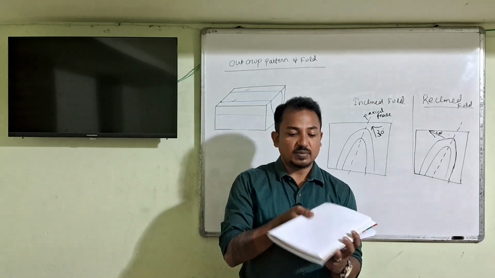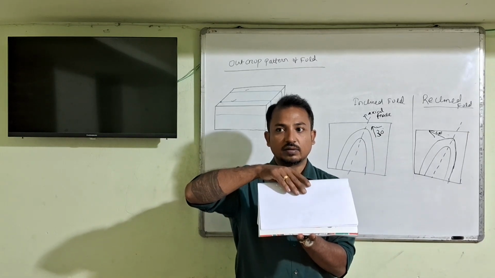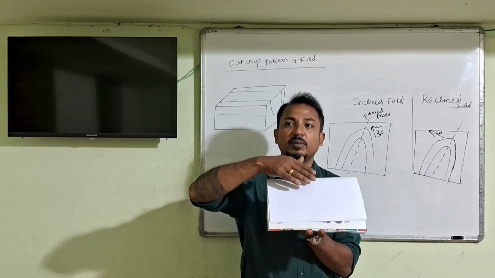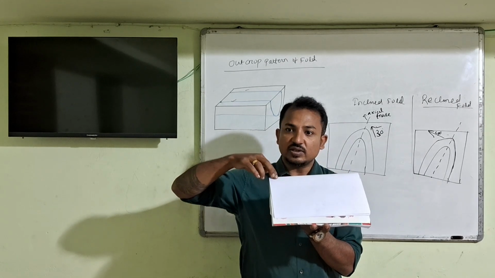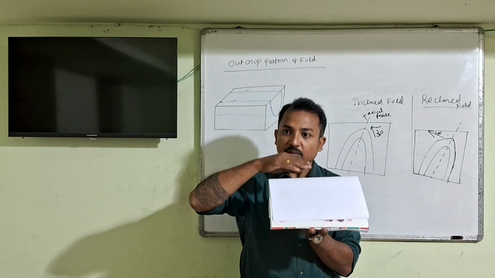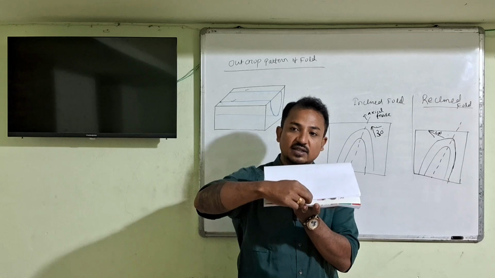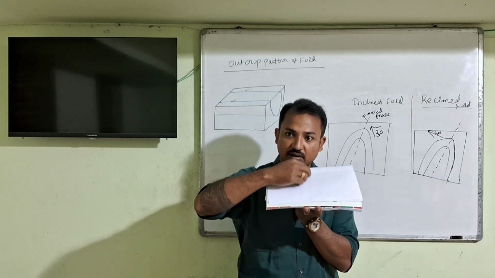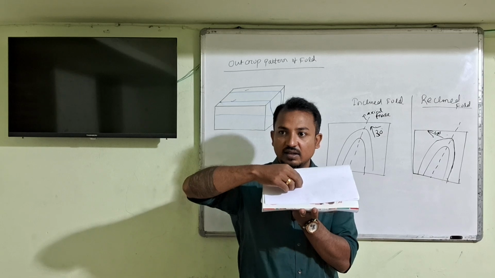So suppose a line here, the plunge direction. This is the strike line of the axial plane. In a reclined fold, the fold axis will be in this direction, here. If it is here, then the pitch will be 90 degrees.